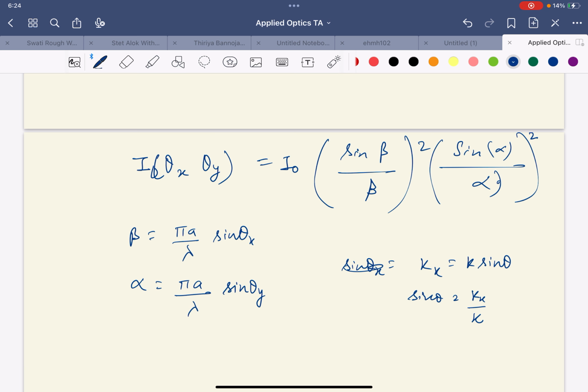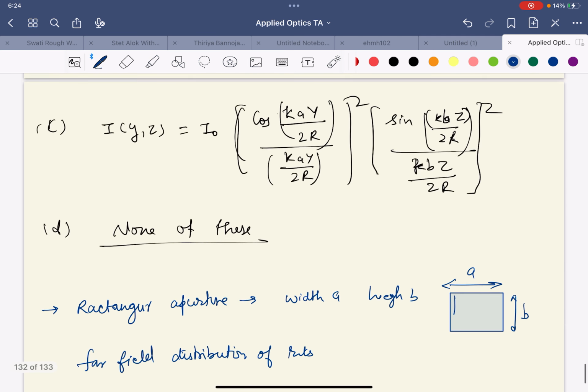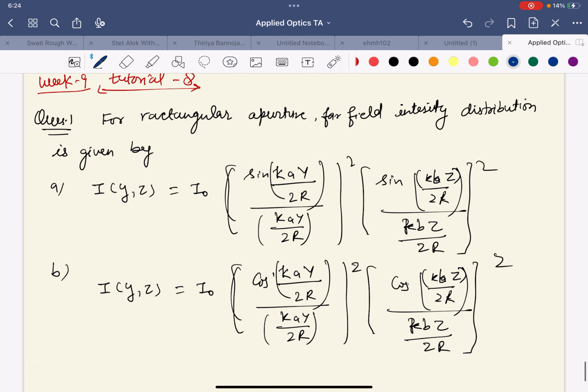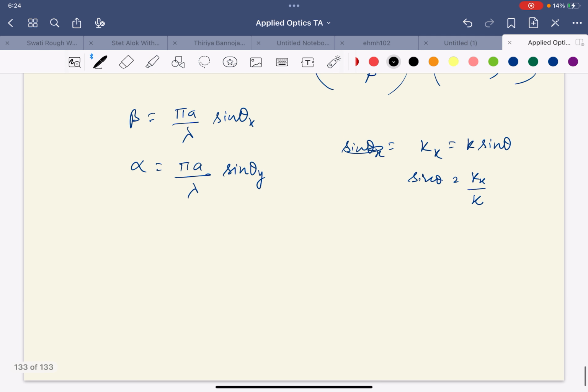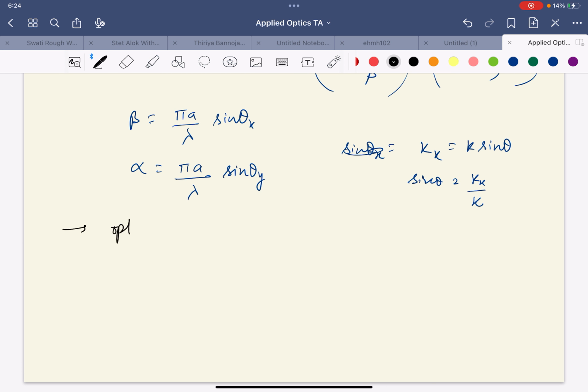Okay, and this is very much similar to our first option, right? So this is our answer. So our right answer is option A.